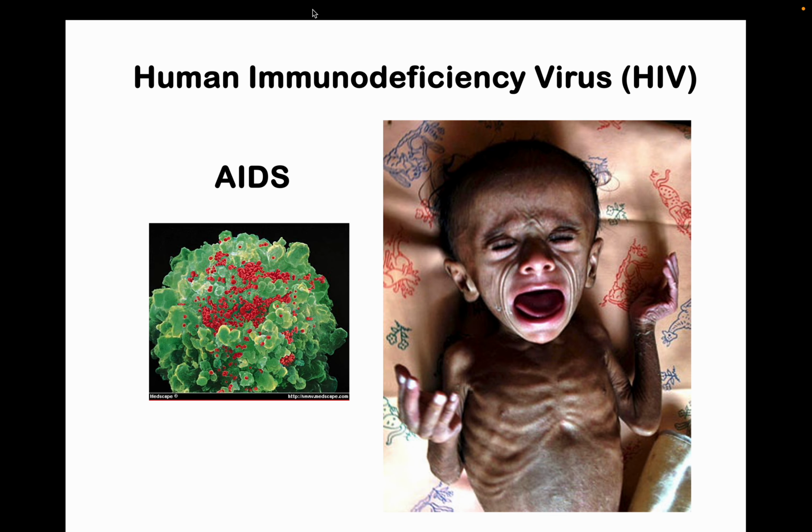Right. Then we have AIDS. Human immunodeficiency virus, HIV, is the primary causative agent of acquired immunodeficiency syndrome. AIDS is a chronic, ongoing public health problem.